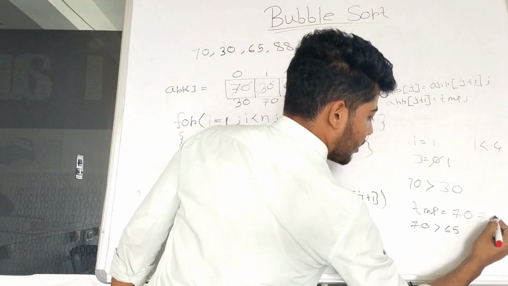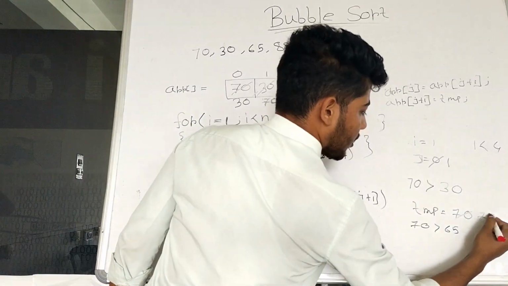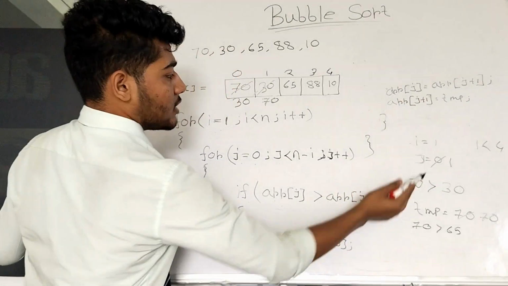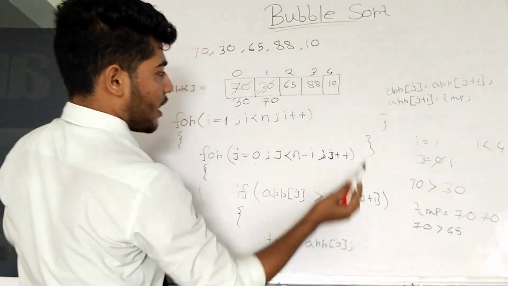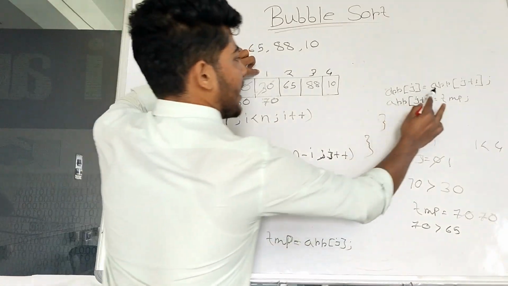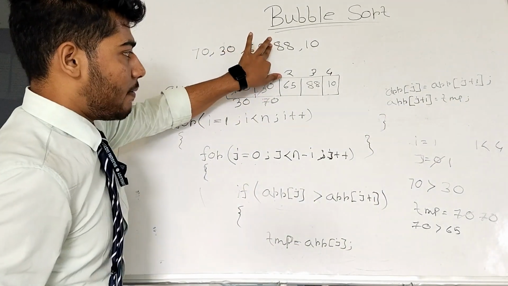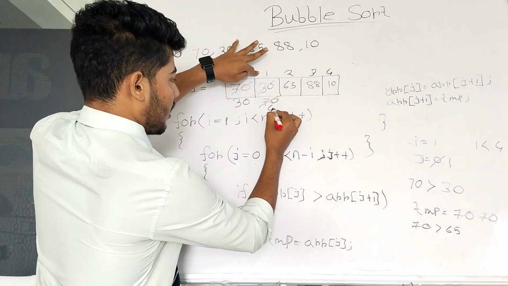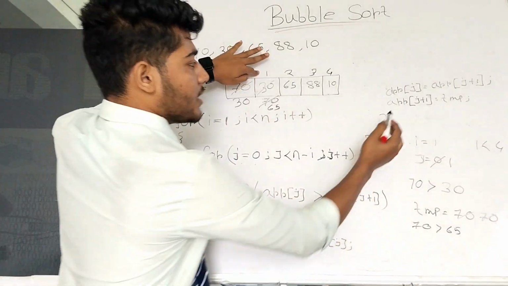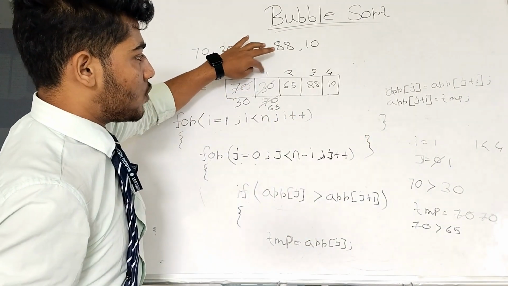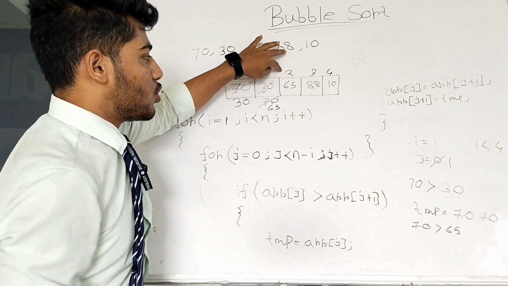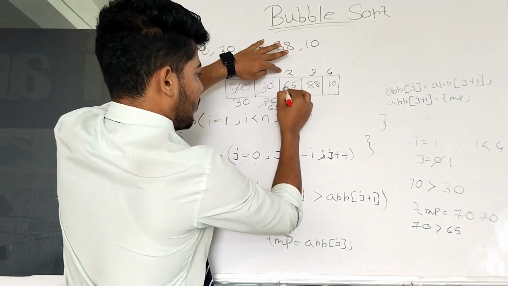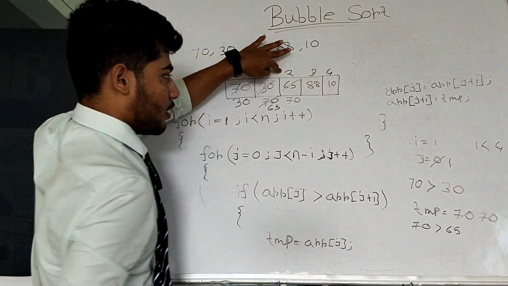Then arr[1] will be arr[j+1], whose value is 65, so 65 will come here. And arr[j+1], which is arr[2], will be tmp, so 70 will come here.